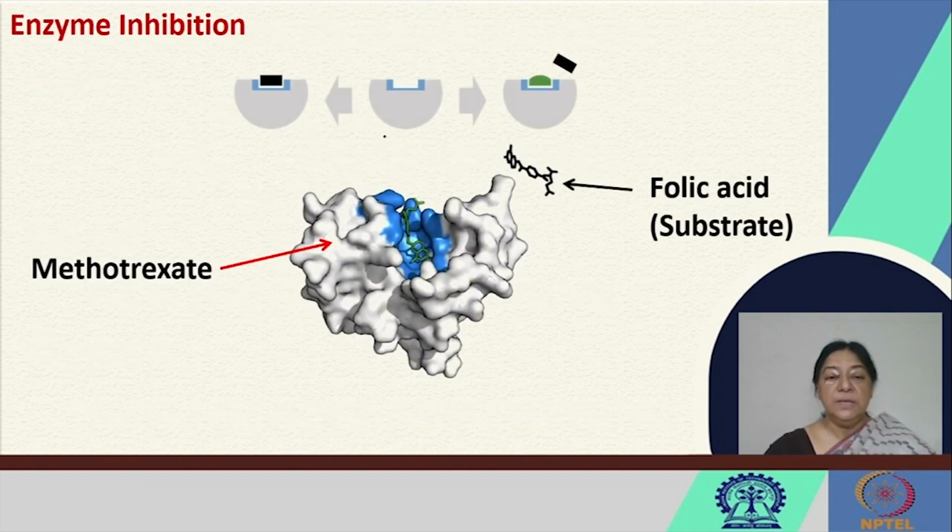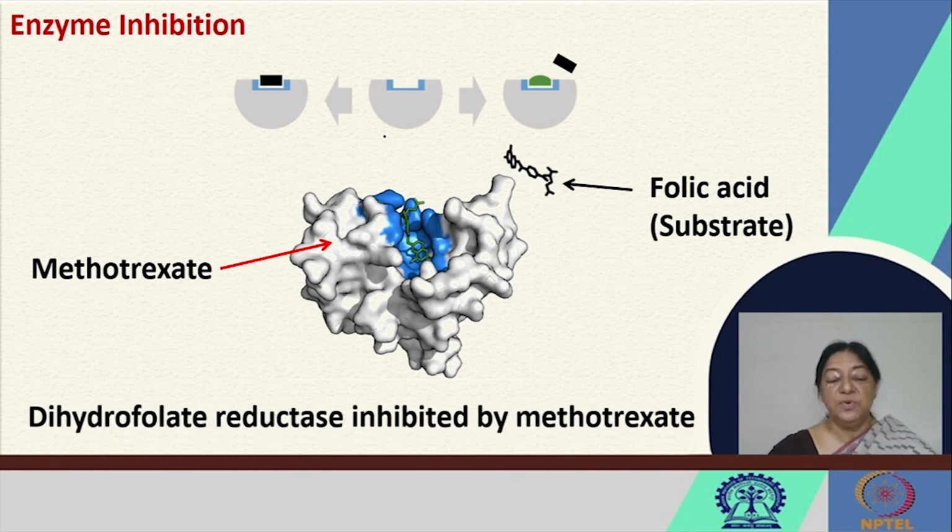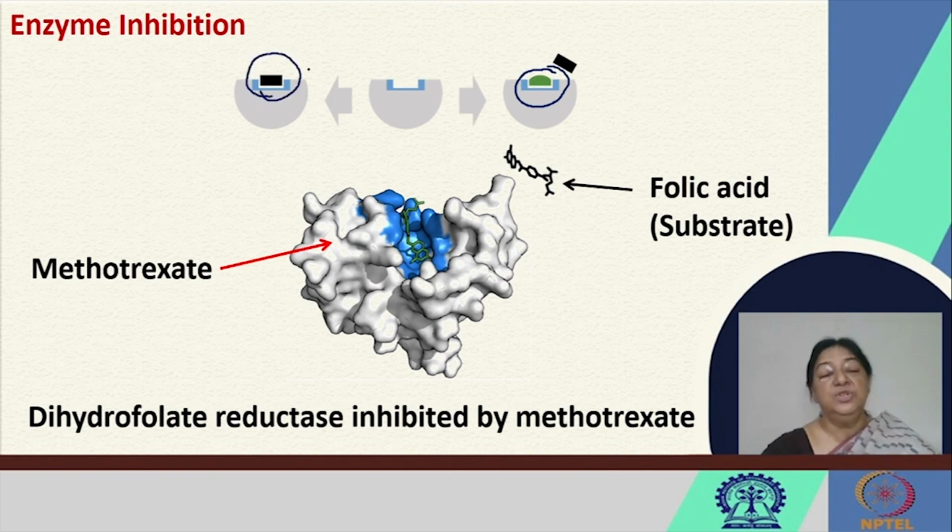In enzyme inhibition, we looked at a specific example where we have dihydrofolate reductase inhibited by methotrexate. The idea of competitive inhibition is that there is binding to the same active site, and the specific residues; we looked at even specific mechanisms of enzymes.